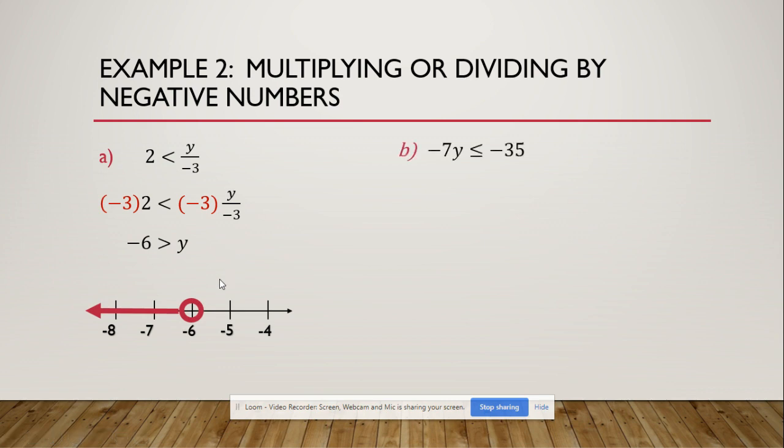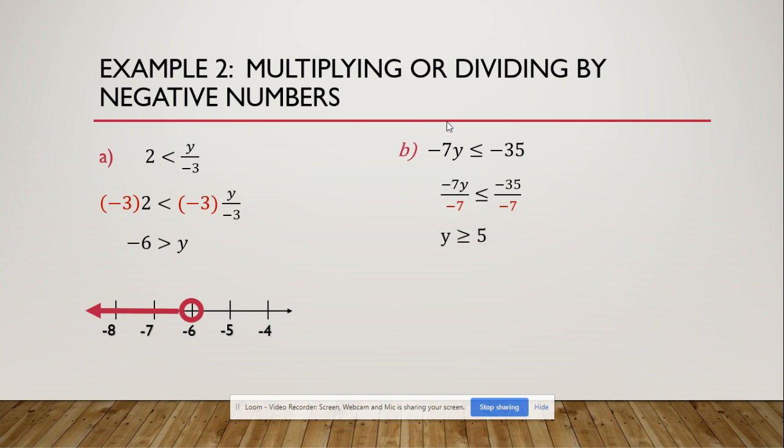All right, next example: negative 7 times y is less than or equal to negative 35. We need to eliminate the negative 7 because we're multiplying by it. The inverse would be divide. Negative 7 over negative 7 is going to be a positive 1, so we'll just have 1y. Negative 35 divided by negative 7 is going to be positive 5.